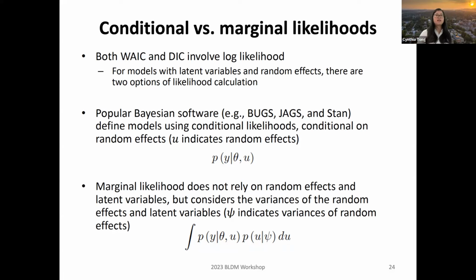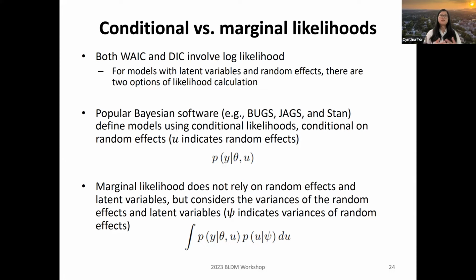But marginal likelihood does not rely on random effects and latent variables. So what we do is integrate those latent variables out. So we integrate this U out and we get this marginal likelihood. Okay. So it definitely needs some additional step to get the marginal likelihood.